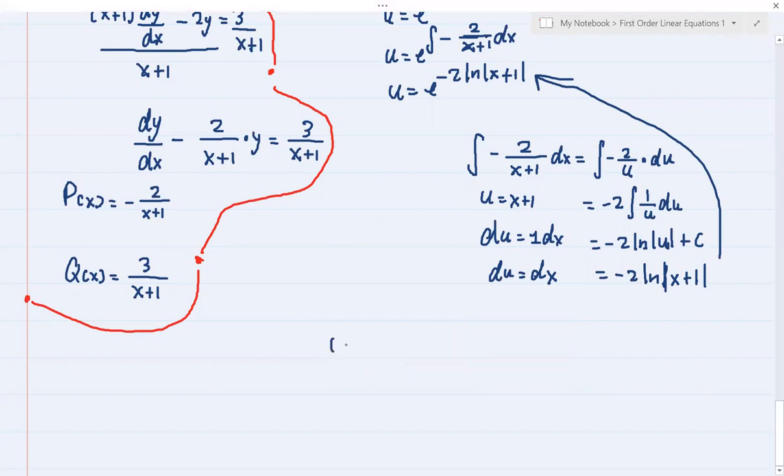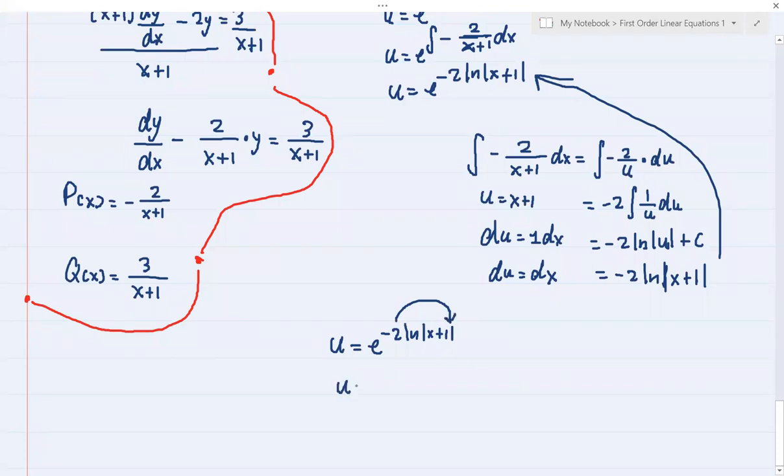Right, we have your u is equal to e raised to negative 2 ln of x plus 1, right? We can actually simplify this one. So by the power rule of logarithm, bring negative 2 here.